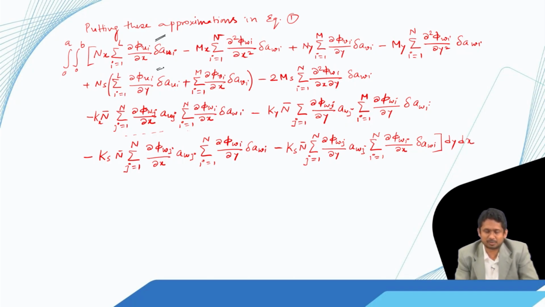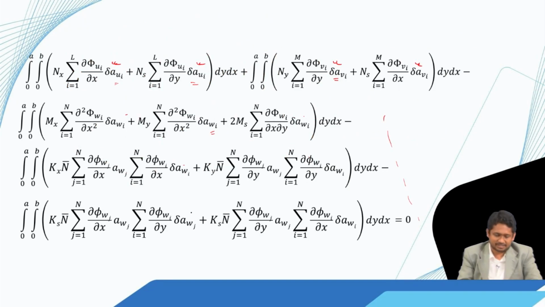So, they have to be separated out. Similarly, this term has variation of a v i and this term has variation of a v i. So, they have to be separated and rest all have variation of a w i. So, if I do that, finally the expression after separating out what I get is this.